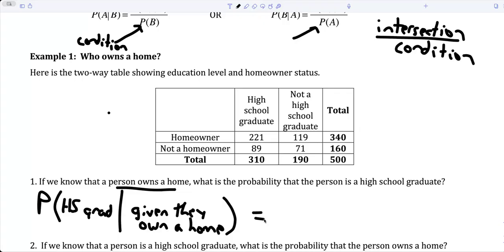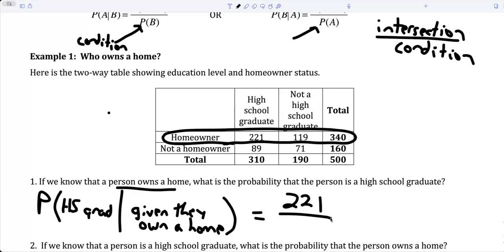Okay. So if they own a home, we are looking at this row right here, because they must be homeowners. So what is the intersection of homeowner and high school graduate? 221.